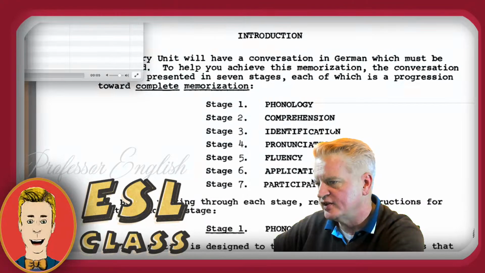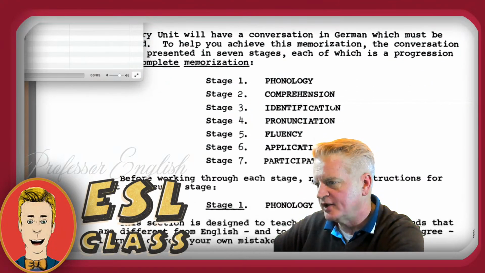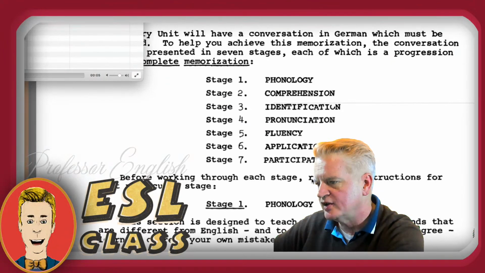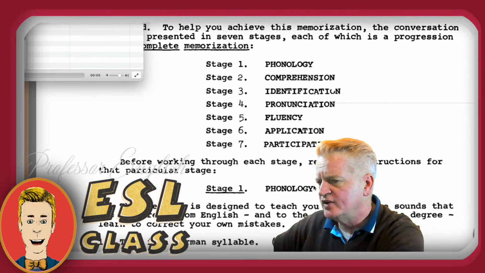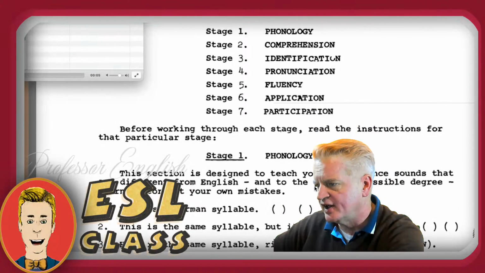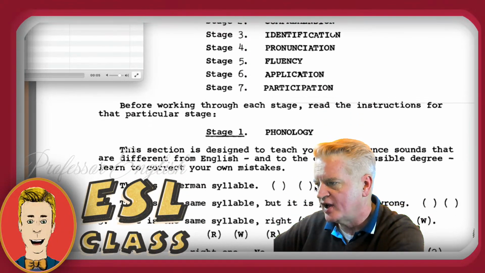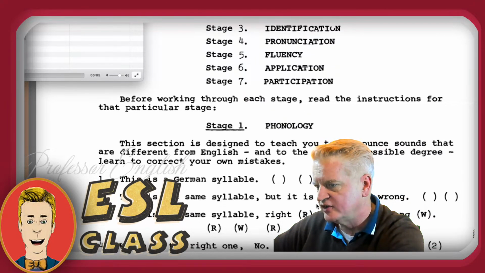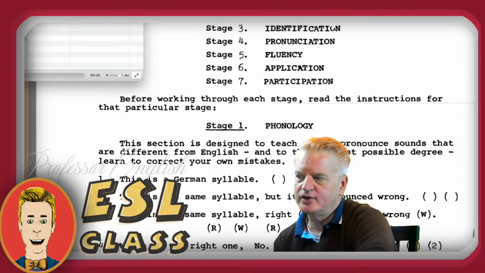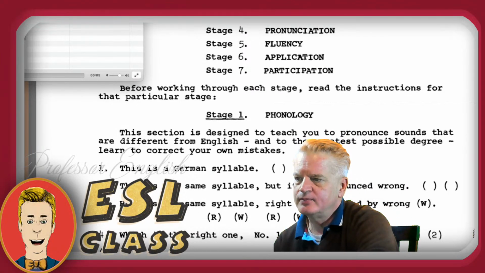Stage 5, Fluency. Stage 6, Application. Stage 7, Participation. Before working through each stage, read the instructions for that particular stage. Stage 1, Phonology. This section is designed to teach you to pronounce sounds that are different from English and, to the greatest possible degree, learn to correct your own mistakes.